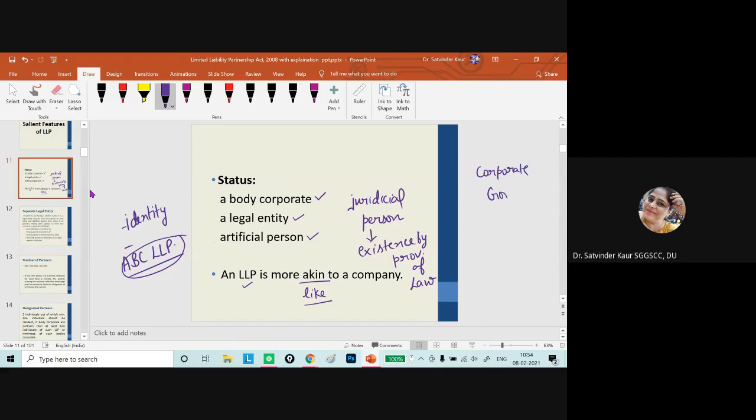So corporate governance is one of my favorite topics, and I have even completed my doctorate in this particular stream only. So we talk about the LLP. LLP is like a company. It's not a company, but it is like a company.